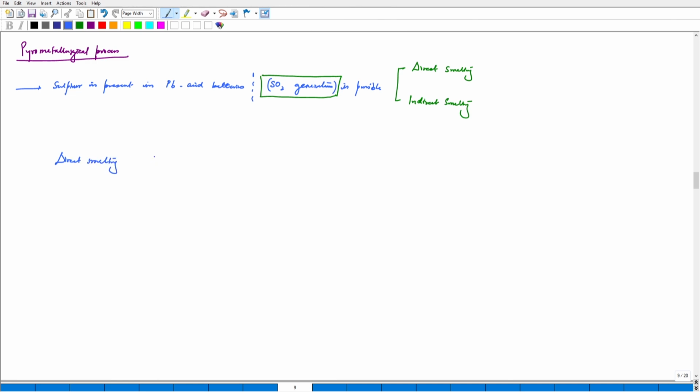would mean the release of SO2, higher specific energy requirement, and dust generation, Pb dust generation and other wastes.